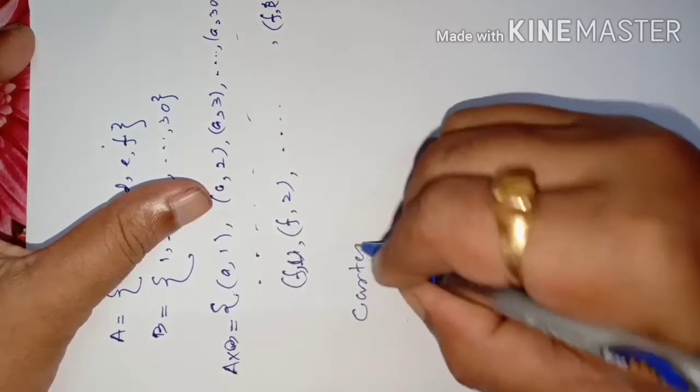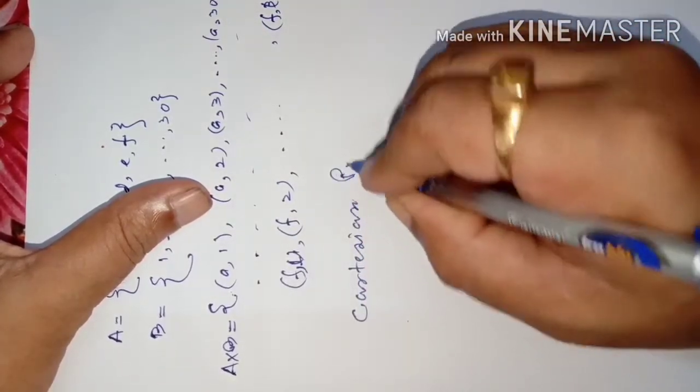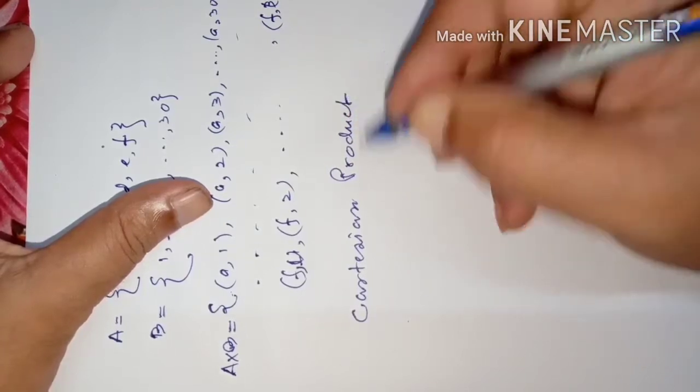So what is the Cartesian product? A set of ordered pairs.